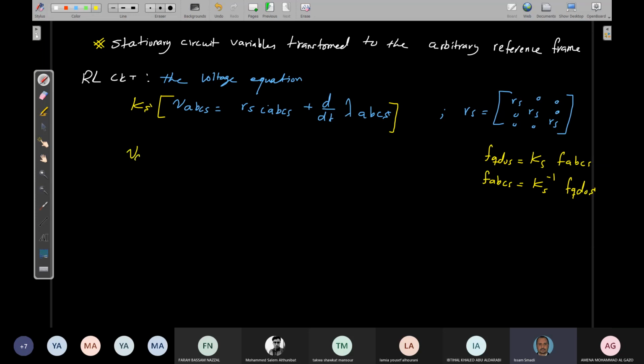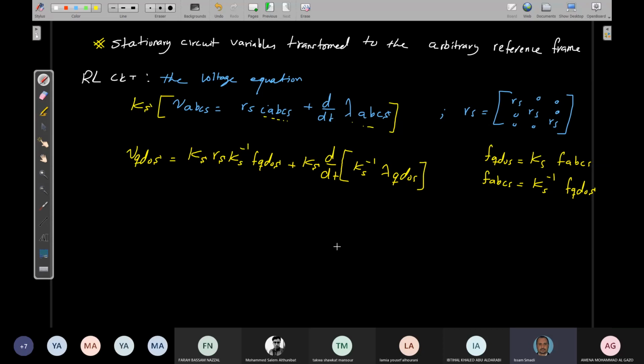The voltage VQD0S will equal. Now here I'm having KS RS. Now instead of IABC, I need to substitute what? KS inverse IQD0S, plus, here I'm multiplying by KS, then d by dt, and instead of lambda, what should I put here? KS inverse lambda QD0S.